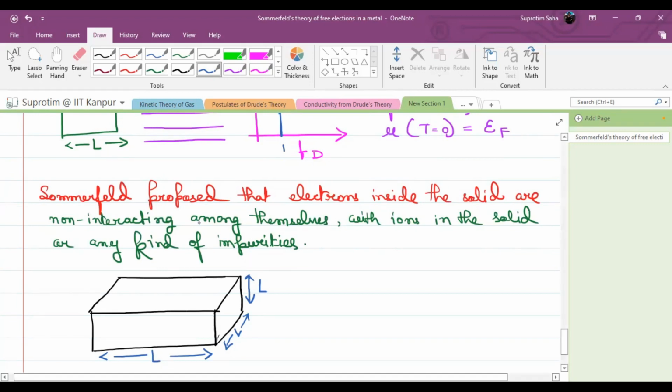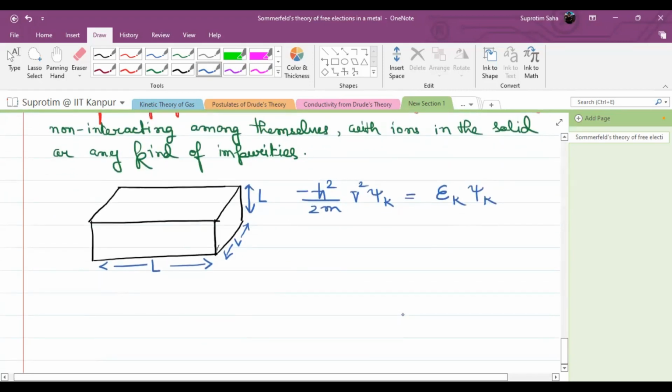So the Schrödinger equation for a free particle, we should write it: minus ħ² over 2m, gradient squared psi k, is equal to epsilon k psi k. This is your Schrödinger equation in 3 dimensions. Your epsilon k is ħ²k² over 2m.